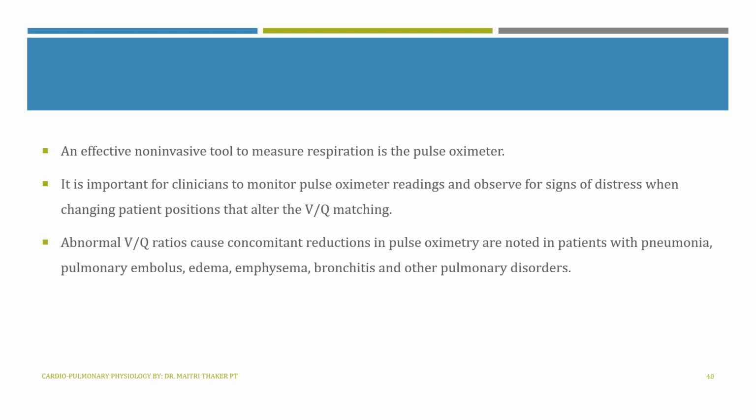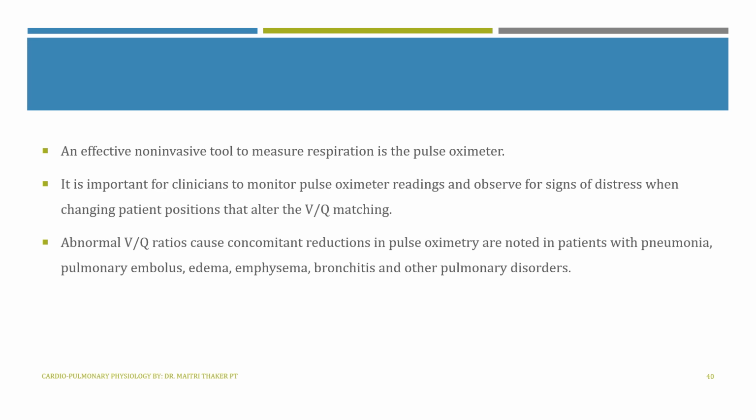It is very important for clinicians to monitor pulse oximeter readings and observe for signs of distress when changing the patient position, as that will alter the V by Q matching. Whenever we give different positions, ventilation and perfusion will change, and that will be reflected in our pulse oximeter reading.